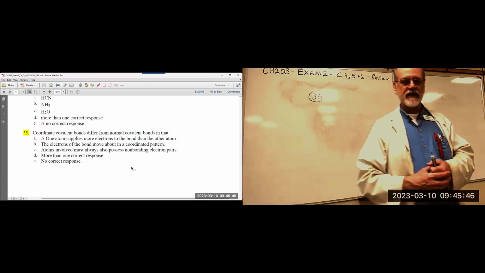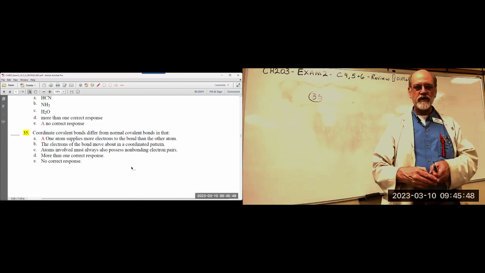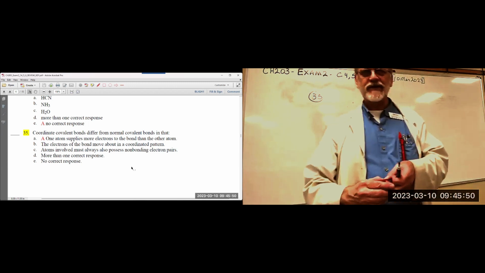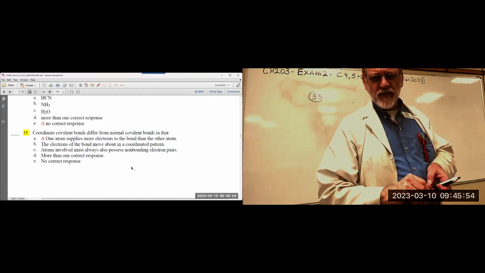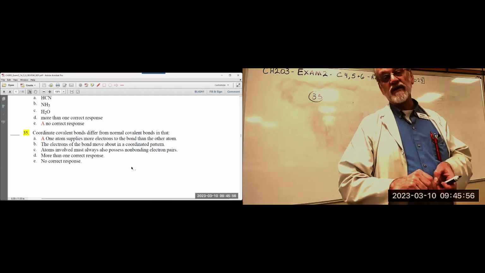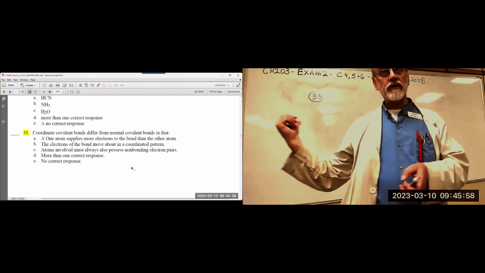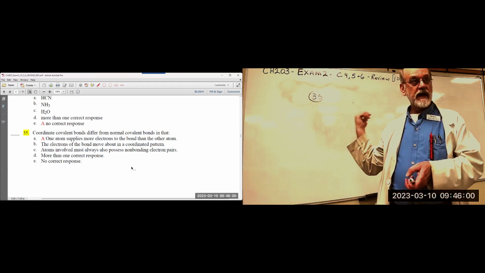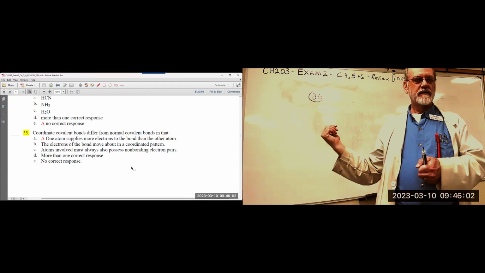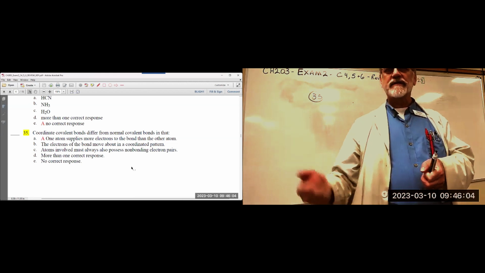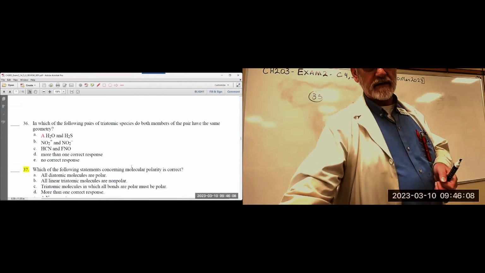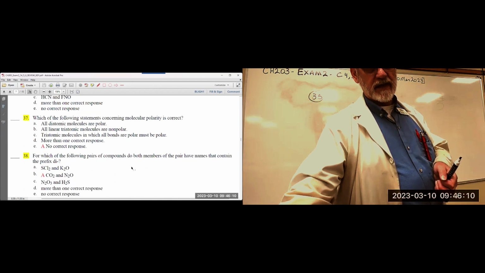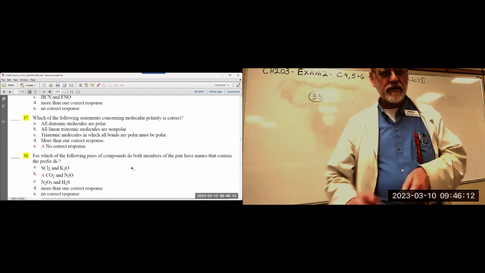That's funny. The electrons of the bond move about in a coordinated pattern. Who made that one up? Atoms involved must always also possess non-bonding electron pairs. Sometimes they do, like the one that we just showed you, dinitrogen monoxide. That's laughing gas. Nitrous oxide. How about this one? 37.